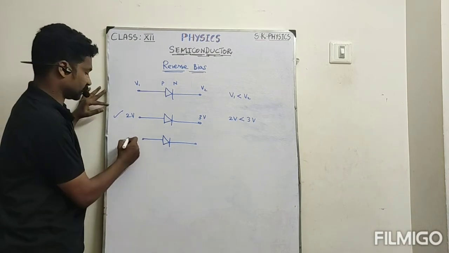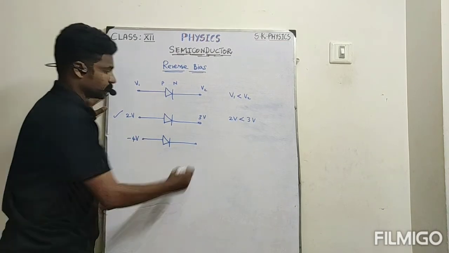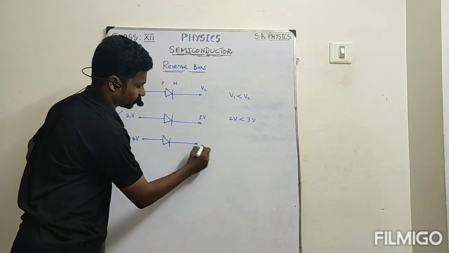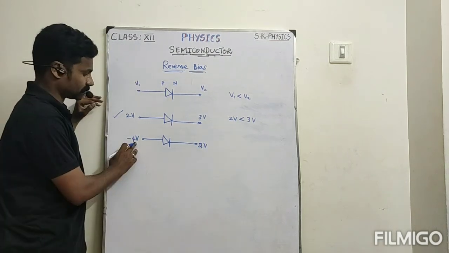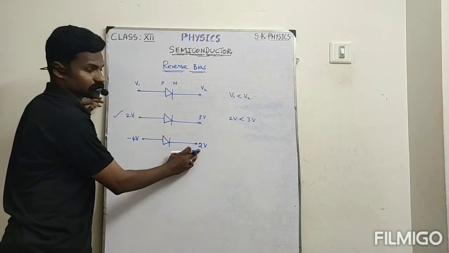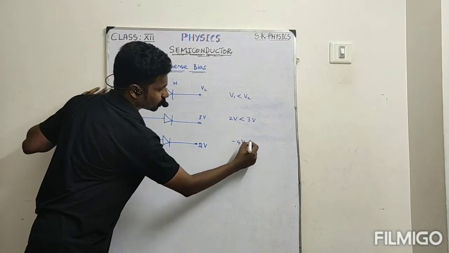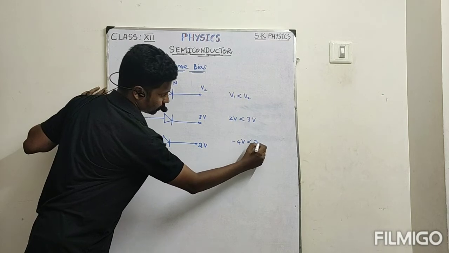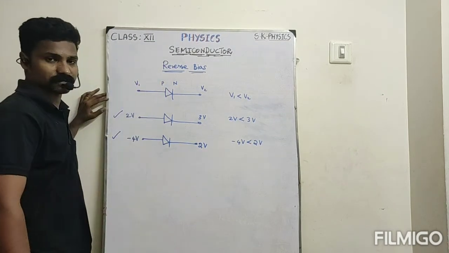Say for example here minus 4 volts, and here 2 volts. So minus 4 volts is less than 2 volts. So this is also a reverse bias.